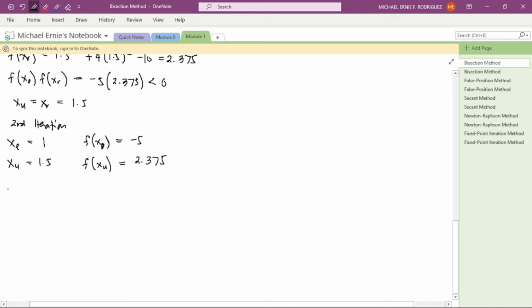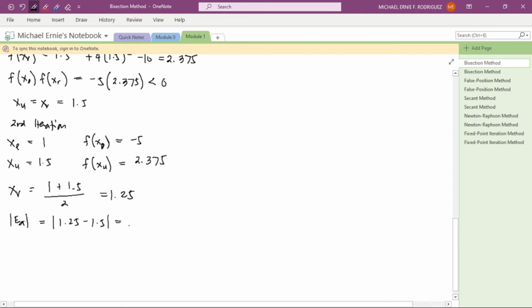Evaluating for the x sub r, that is 1 plus 1.5 divided by 2 is equal to 1.25. And then, since we have a previous approximate, we can solve now for the absolute approximate error. That is the absolute value of 1.25 minus 1.5.